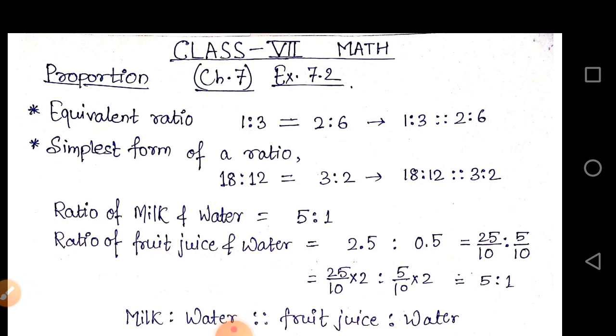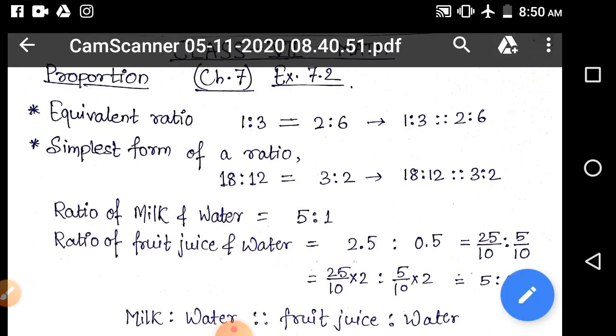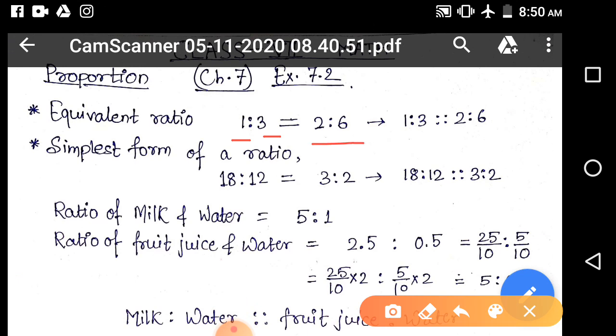Now we will start chapter 7 and the part proportion. This is from exercise 7.2. As you have already studied about equivalent ratios in your previous exercise 7.1, you all know that here we have 1 is to 3, and the equivalent ratio of 1 is to 3 is 2 is to 6, because here the antecedent, that is the first term, 1, is multiplied with 2, and this 3 is also multiplied with 2, and we will get 2 is to 6 as the equivalent ratio of 1 is to 3.